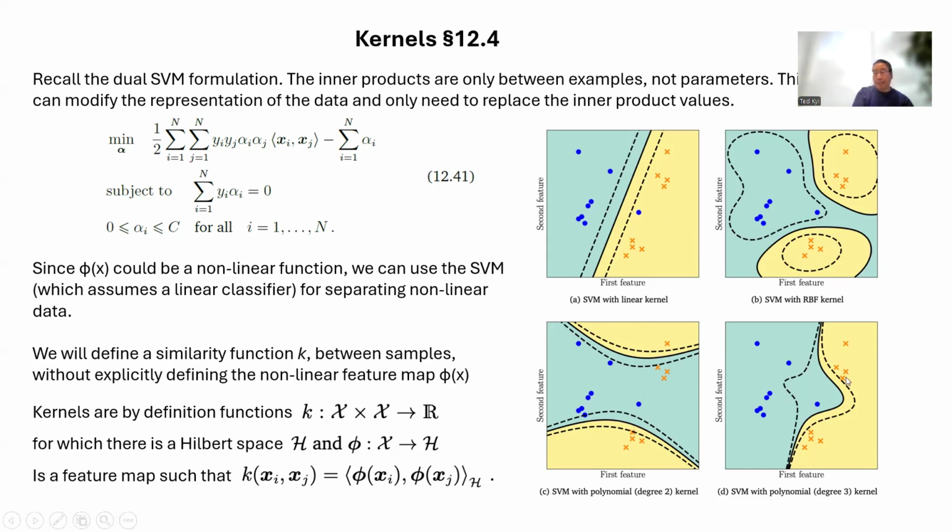In the lower right is a cubic, a 3rd-degree polynomial, and they're able to do a bunch of stuff. One of the most common ones you'll see is this Gaussian radial basis function kernel, whose formal definition is this infinite series that converges.